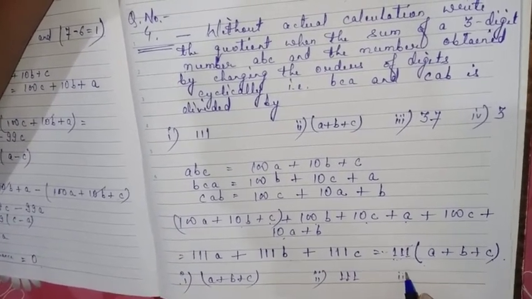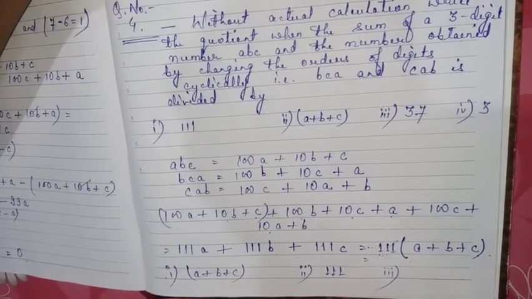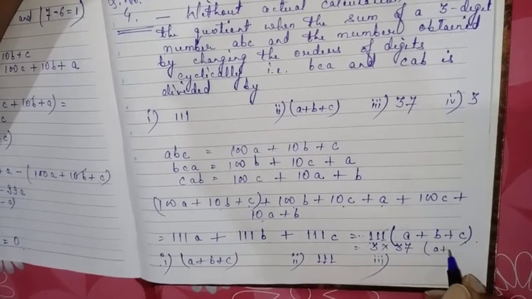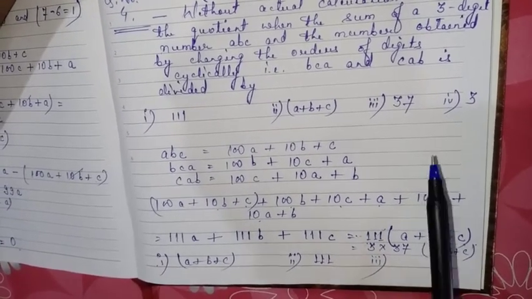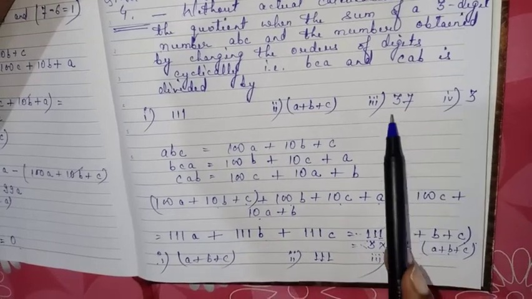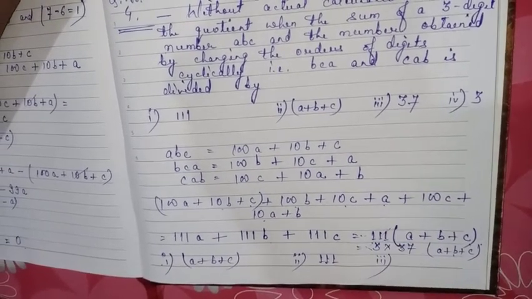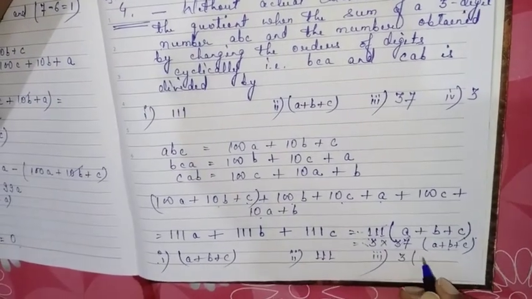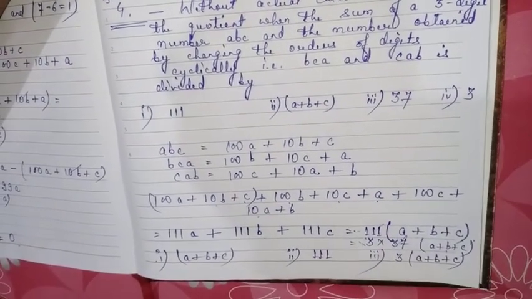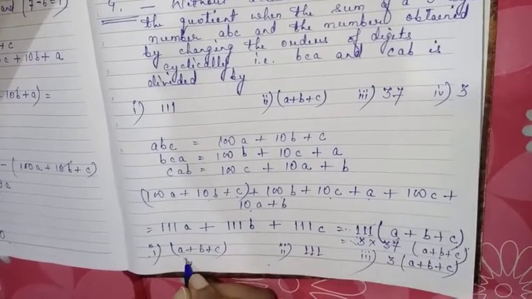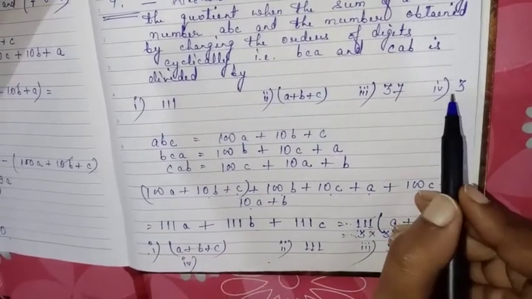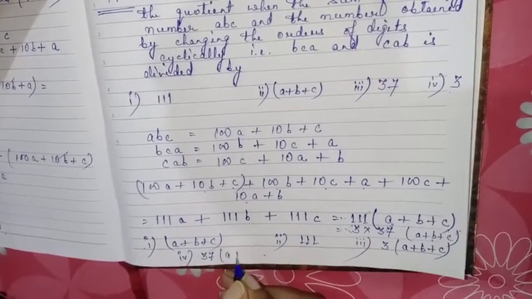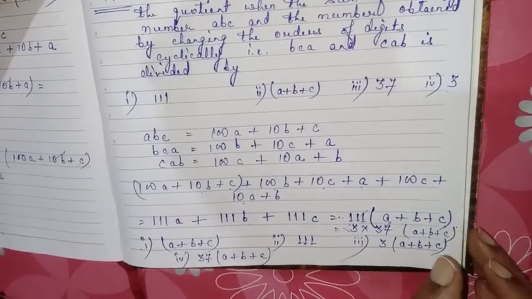In 3, I told you that 111 you can write as 3 into 37. So if you divide by 37, 37 and 37 cancel and you will get the answer 3 into A plus B plus C. Then for 4, if this is divided by 3, then 3 and 3 cancel and you will get 37 into A plus B plus C. So this will be your solution.